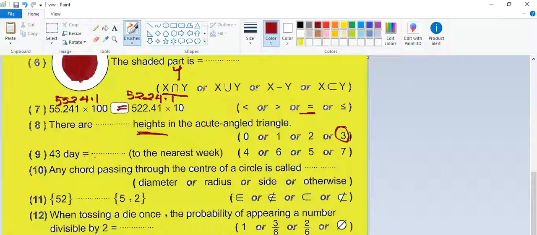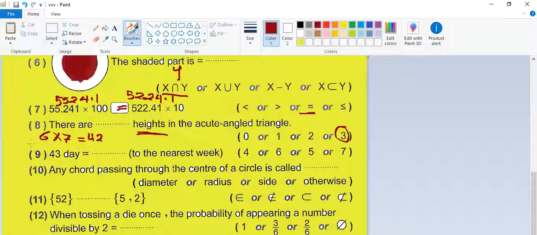43 days approximately equals how many weeks to the nearest week. We want to find how many weeks in 43 days, approximately. We'll use table 7. 6 times 7 equals 42.